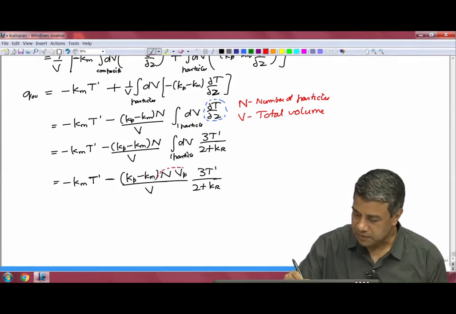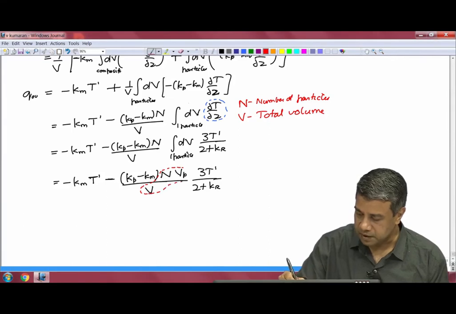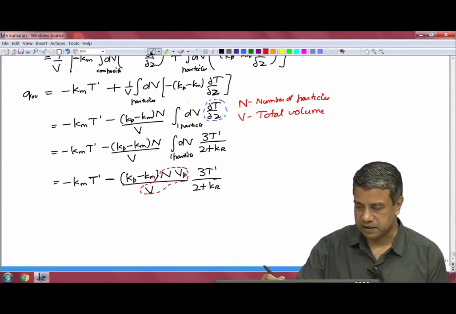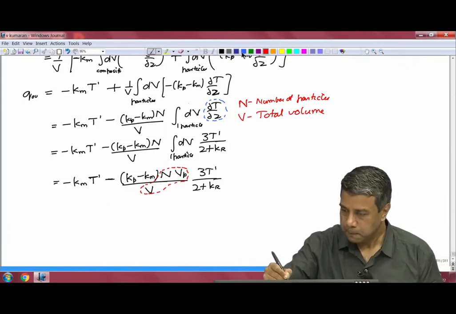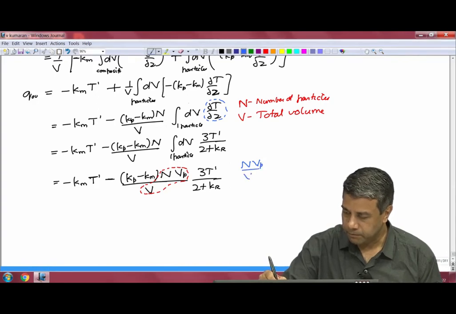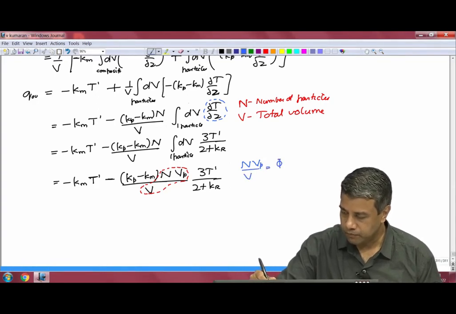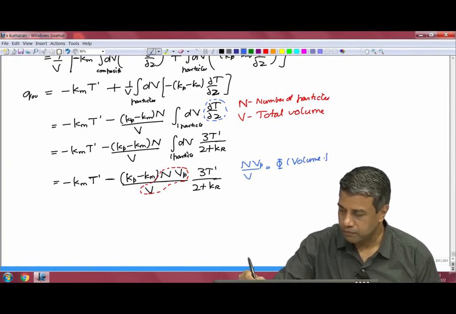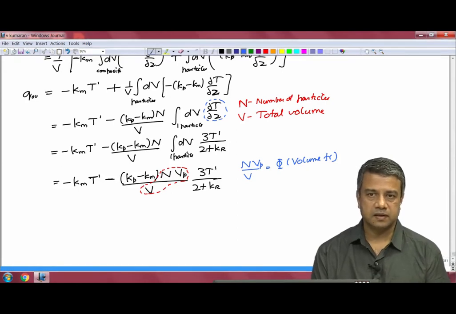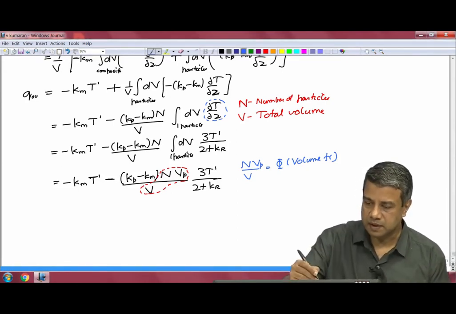And this number of particles times the volume of one particle divided by the total volume is equal to the volume fraction, the fraction of the composite material that is occupied by the particles.